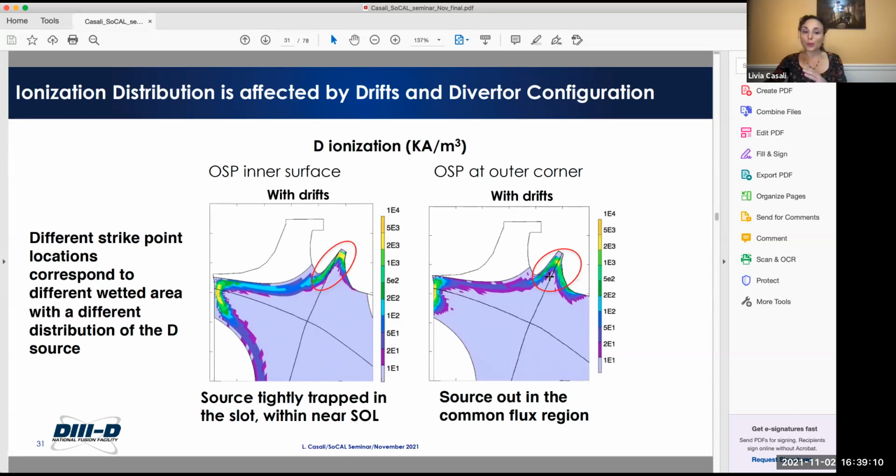Different strike point locations correspond to different wetted areas with a different distribution of the ionization source. This is why we can see that in one case, the source is tightly trapped in the slot, whereas in the other case, the source is outside in the common region.